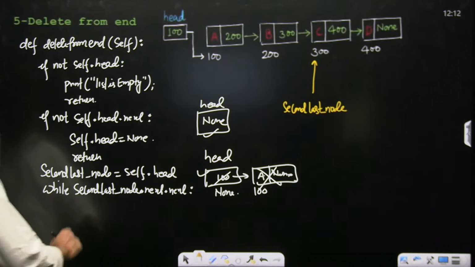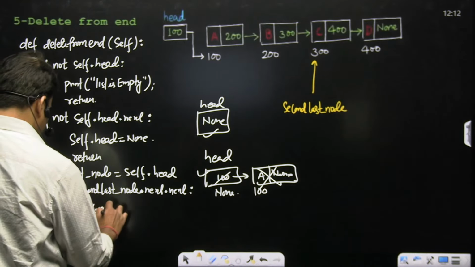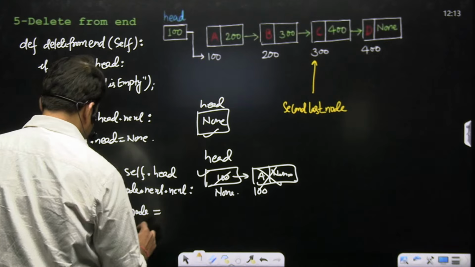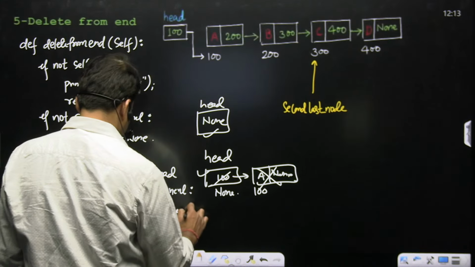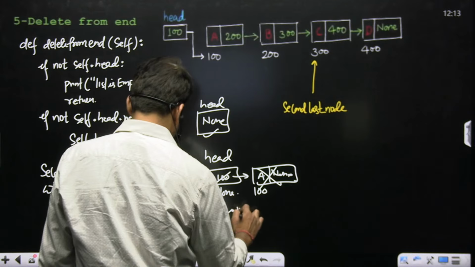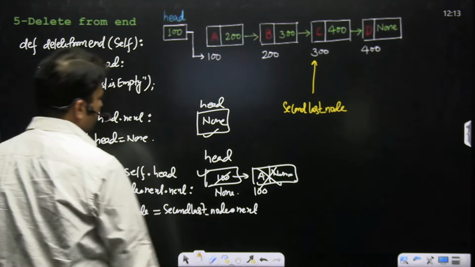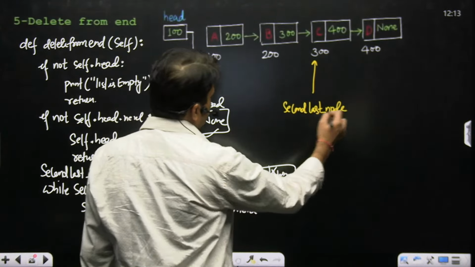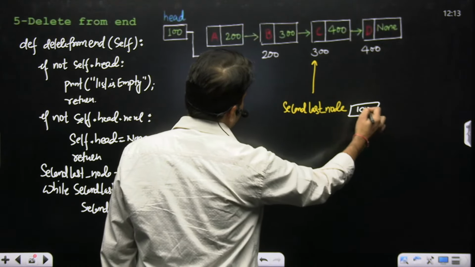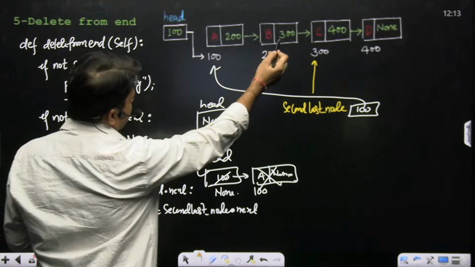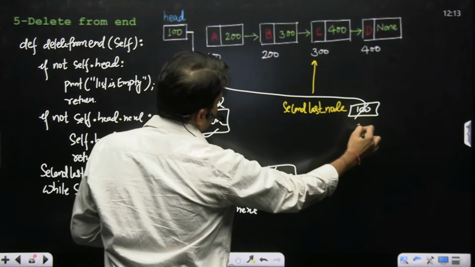Second_last_node equals second_last_node.next. Initially, second_last_node contains 100. Check: second_last.next is 300, which is not None, so it moves one step forward.